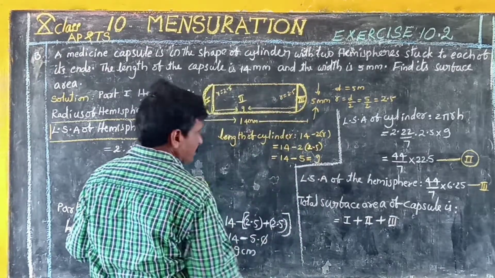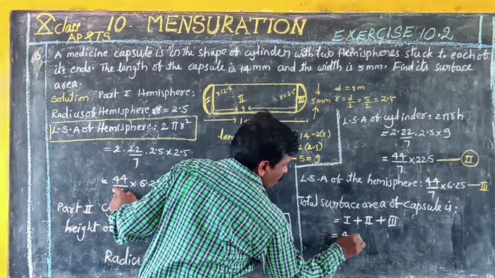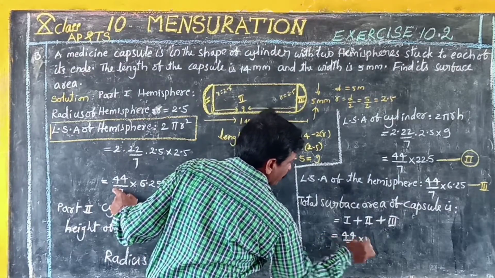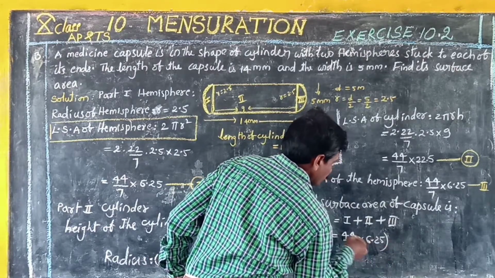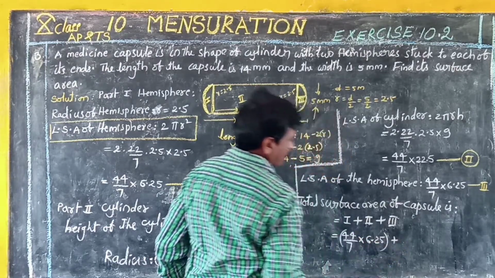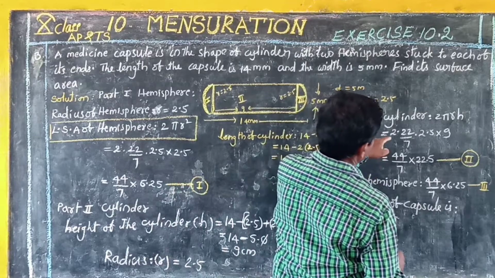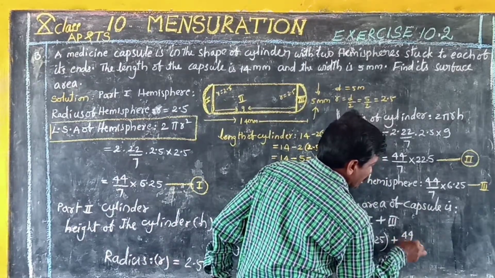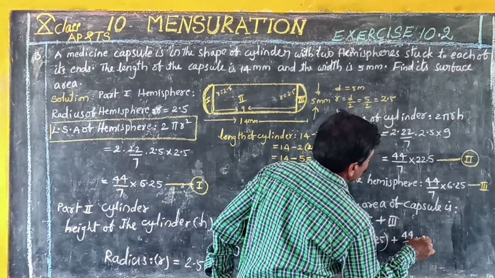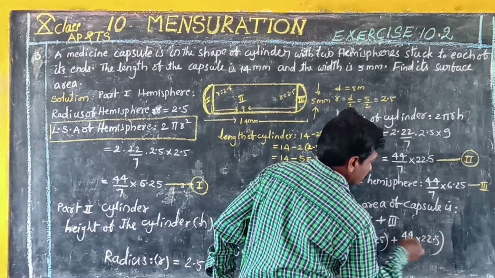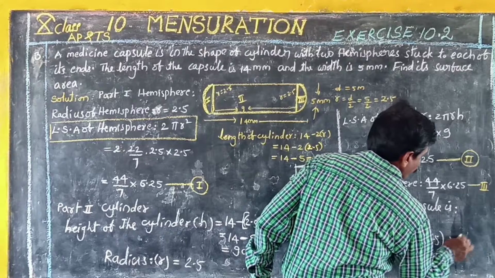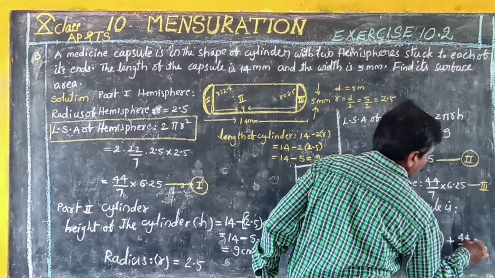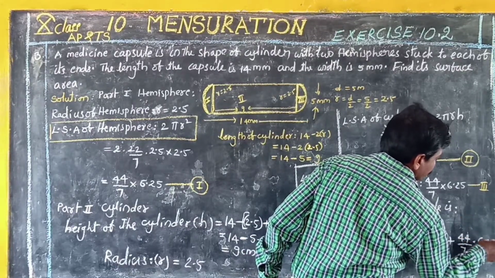Part 1 is 44 by 7 into 6.25, plus part 2, 44 by 7 into 22.5, plus part 3, 44 by 7 into 6.25.